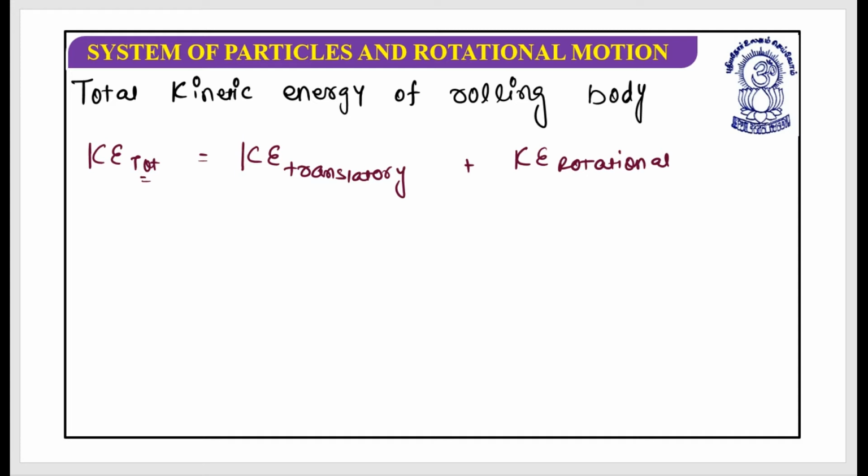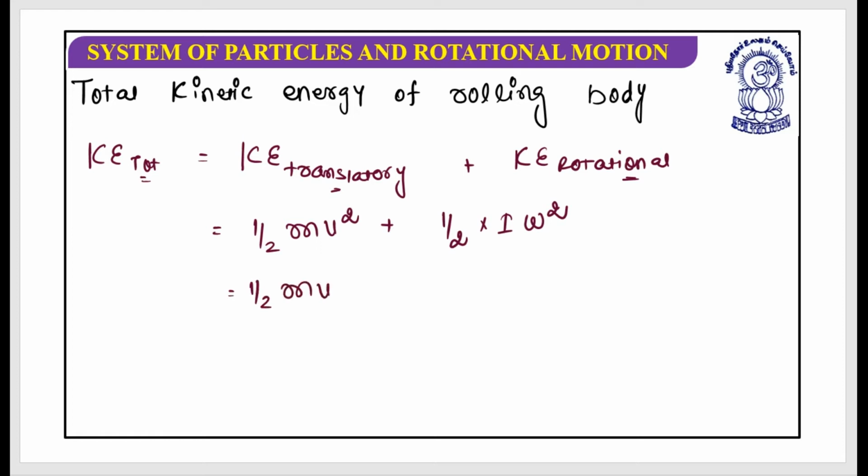So when I write the kinetic energy of the translatory system, it's half mv square. And when I say rotational kinetic energy, it's half into I into omega square. So this equals half m v square plus half I omega square. Let's solve this.